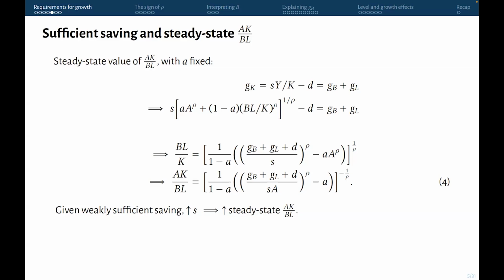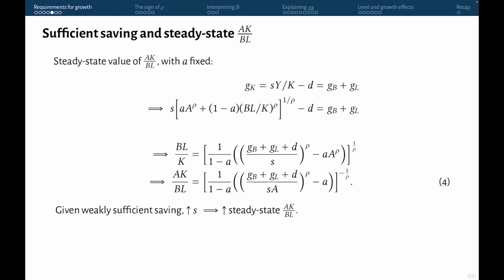So if the rate at which we're diverting output into capital is higher, it's going to be depreciating more quickly as well, because the steady state is higher. So yeah, depreciating more quickly, but we're contributing to it more quickly, and we're maintaining a higher steady state.